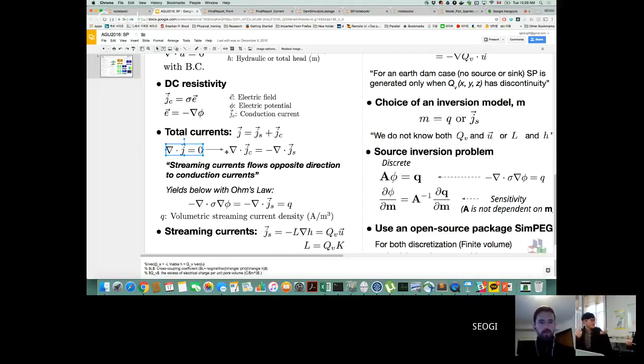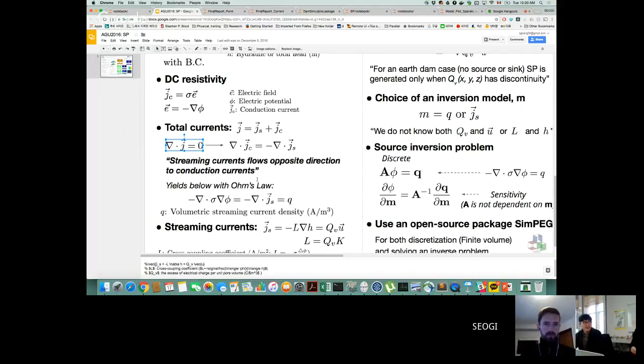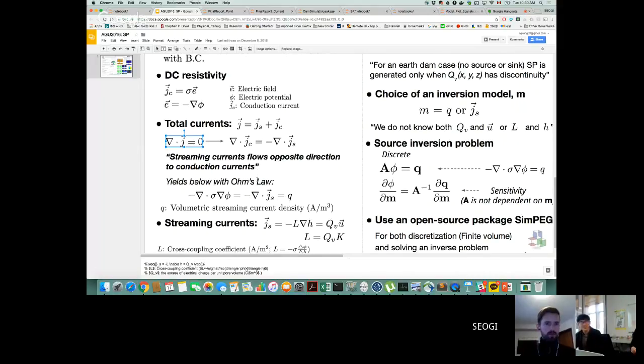There are basically two different currents, because the net current should be zero, like div J is zero. So there are conduction currents and also streaming currents. One is the flow of ions in the water, which is JS, and the other has to be some movement of electrical charge that balances it. Yeah, exactly.